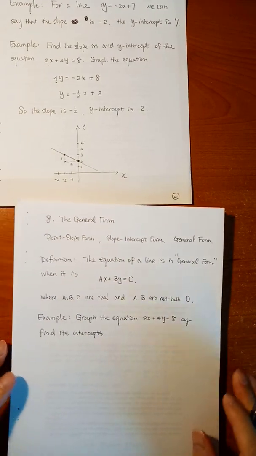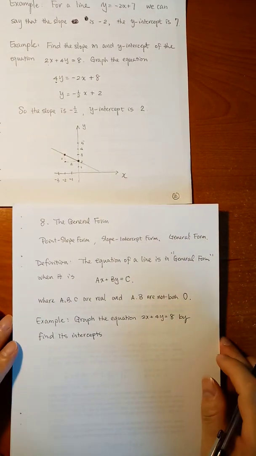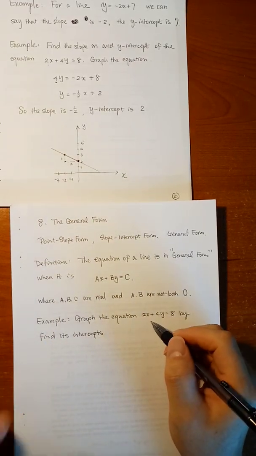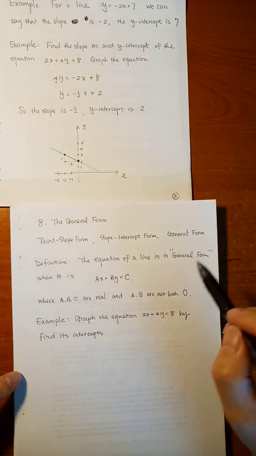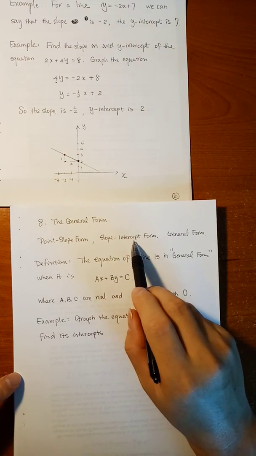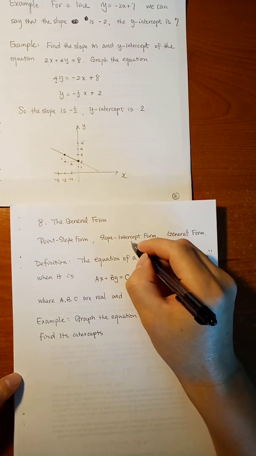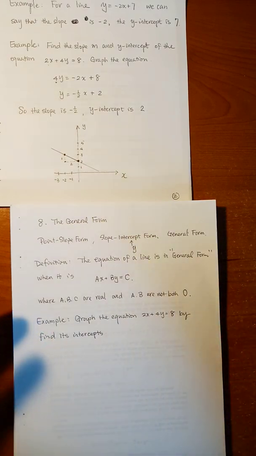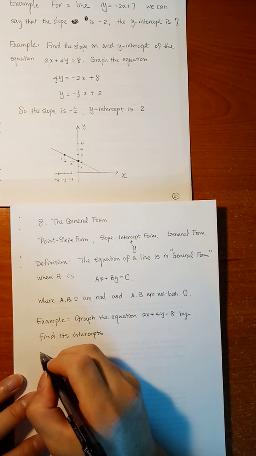Okay, so you have this equation. Intercepts, remember, in the slope-intercept form, this is a y-intercept. But intercept can be x-intercept, y-intercept.